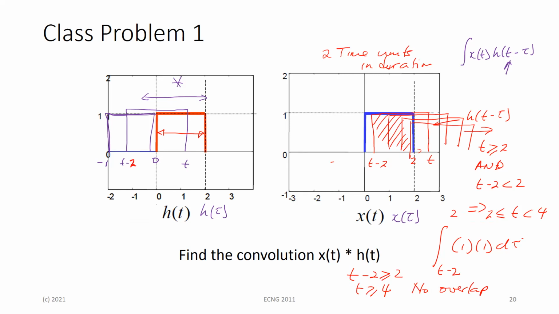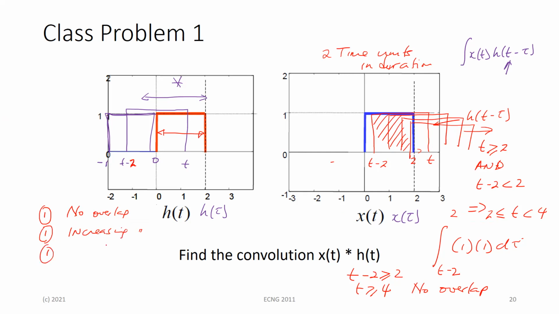So the convolution in a situation where the pulses are the same, the pulses have the same duration, you have one zone with no overlap, right? You have one zone with increasing overlap.